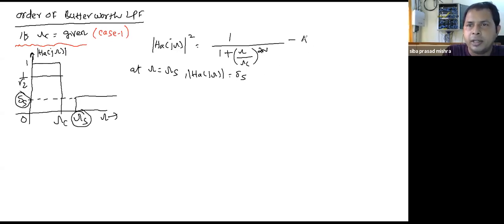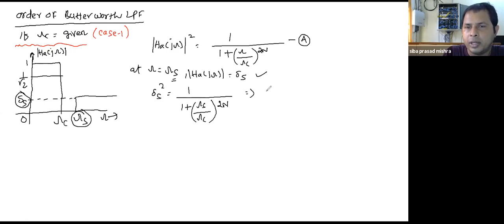Let this be equation A. Put this condition in equation A, then what will we get? Delta_s squared equals 1 divided by 1 plus (omega_s by omega_c) to the power 2n, or we can write (omega_s by omega_c) to the power 2n equals delta_s to the power minus 2, minus 1.